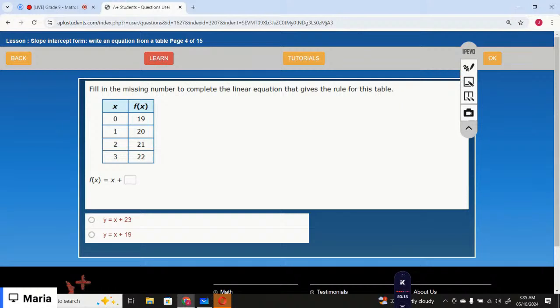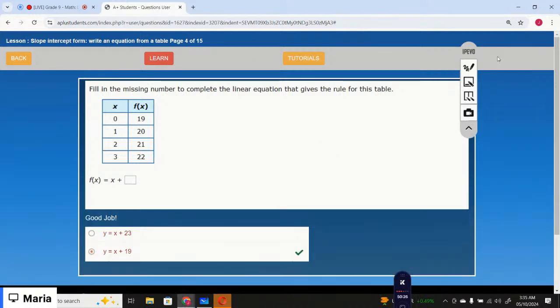The correct option is option number 2. Y equals x plus 19 is the correct option.